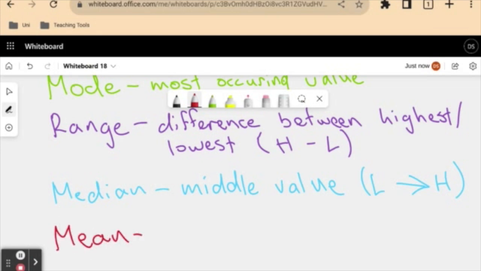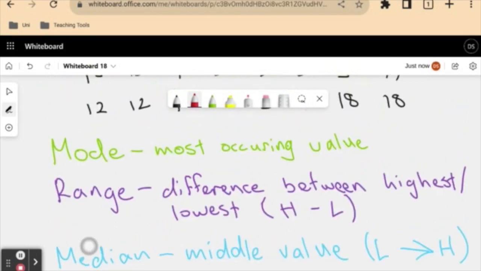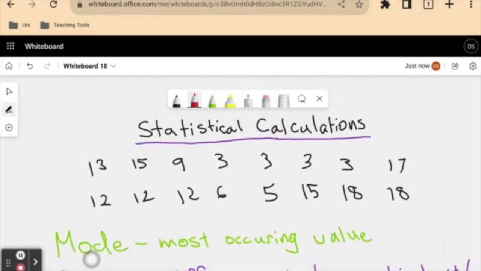So our mean, as we have mentioned before, is our average value. This is the value that we get when we add up all of our scores. So when we add up all of these numbers and we divide that by the total amount of numbers we have.